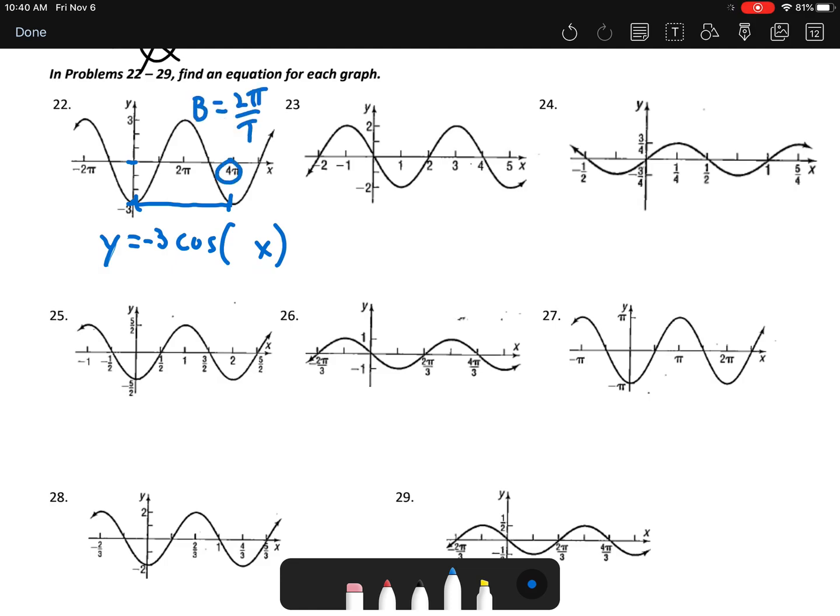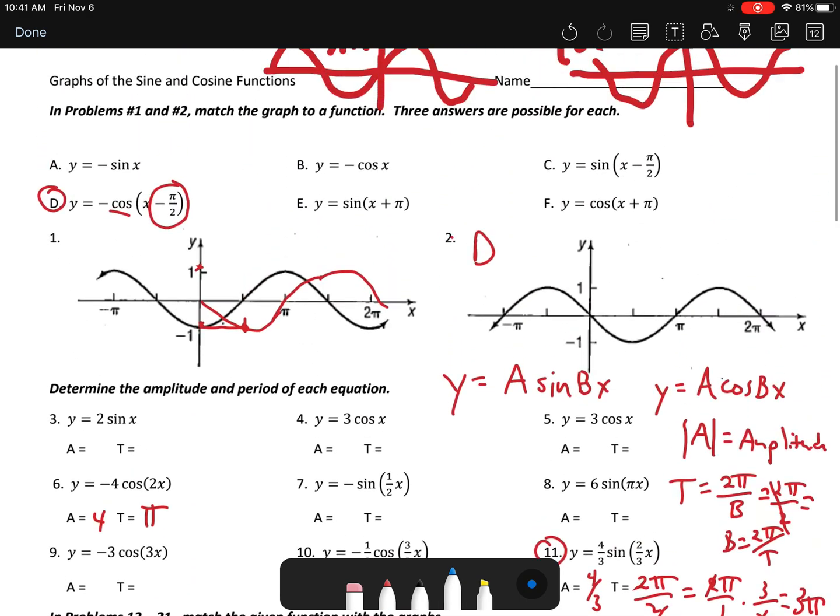So b is equal to 2 pi over t, which is 2 pi over 4 pi, which is, right, 1/2. There's our equation. So the equation of that graph is y equals -3 cosine 1/2 x. Pretty slick, eh?